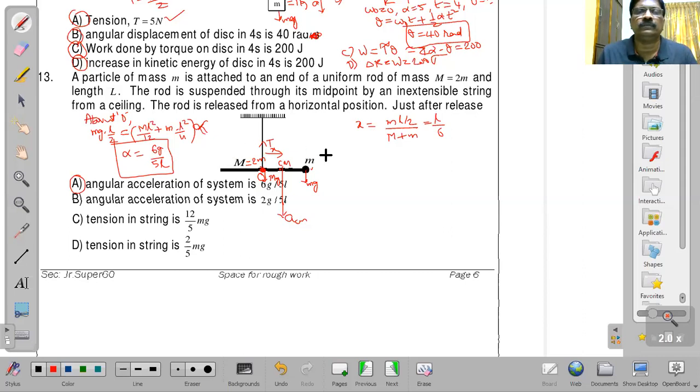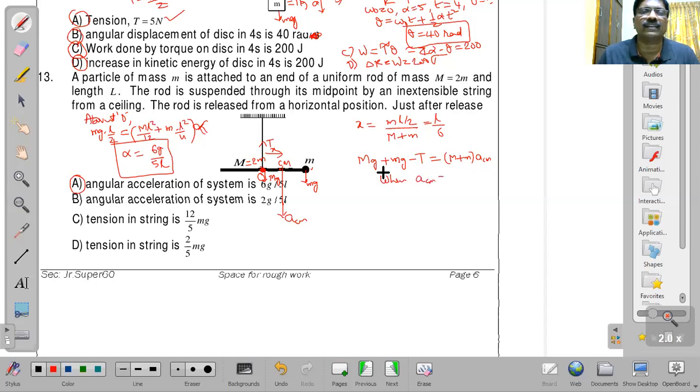Now you apply Newton's second law. At the instant the rod is released, capital Mg acts downwards, plus small mg also acts downwards, and the tension acts in the upward direction. The net force is equal to the total mass of the system, capital M plus small m, into the acceleration of the center of mass, ACM.